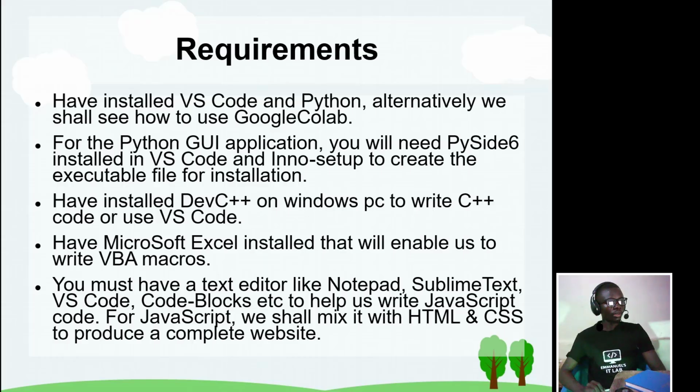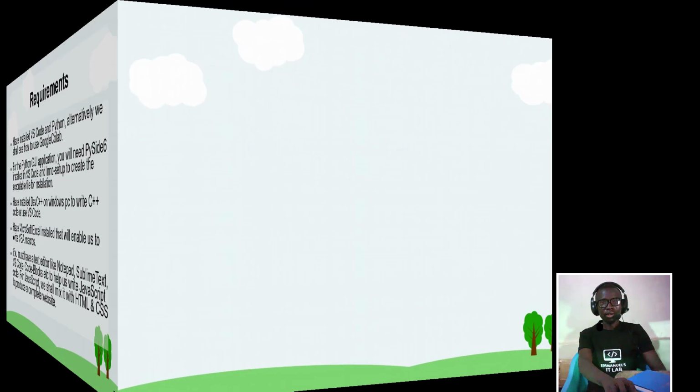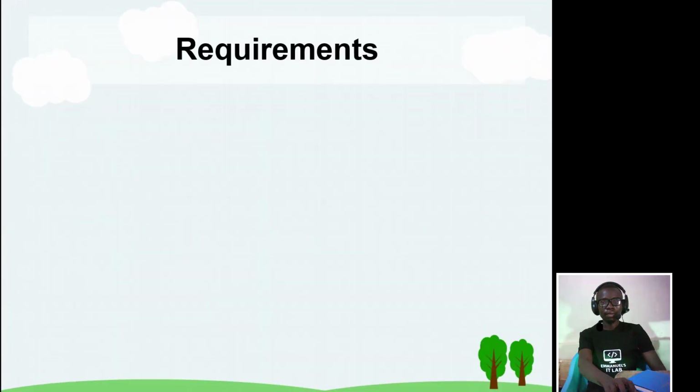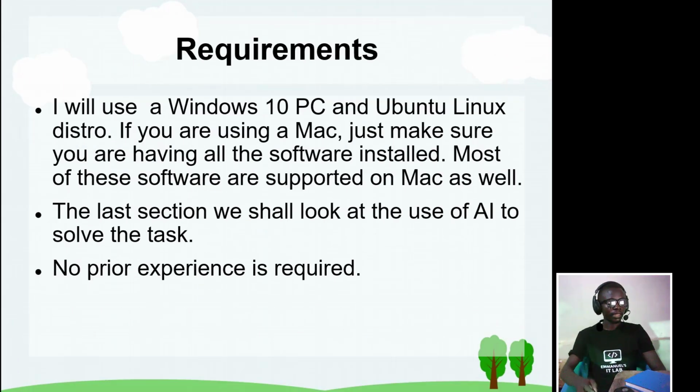You should also have a text editor. We have a variety: Notepad, Sublime Text, and many others, but I will recommend Visual Studio Code because it is a rich text editor. Like I had mentioned earlier, with JavaScript we shall involve HTML and CSS for styling.